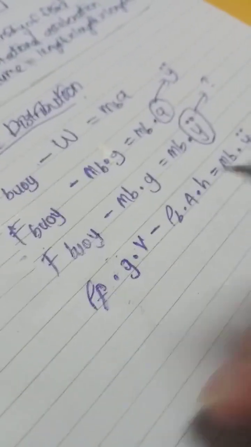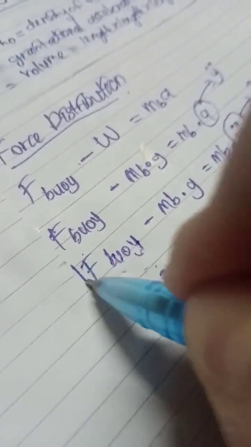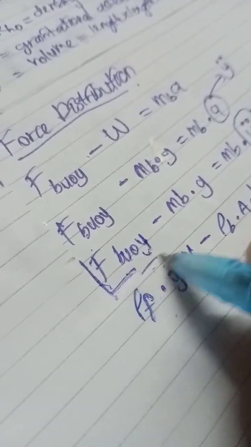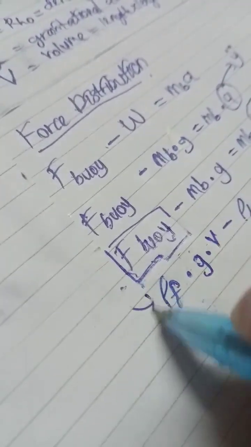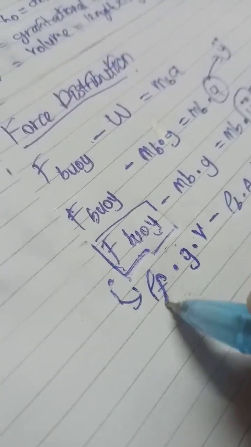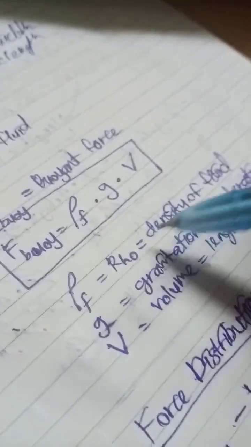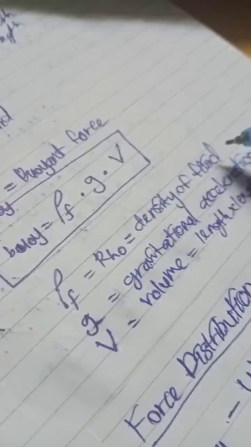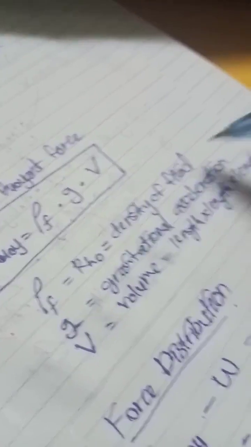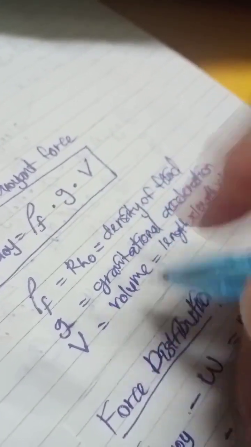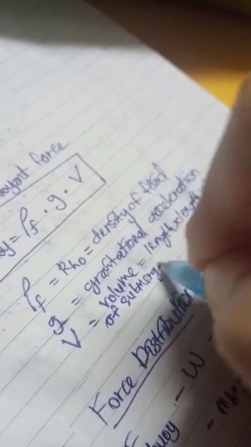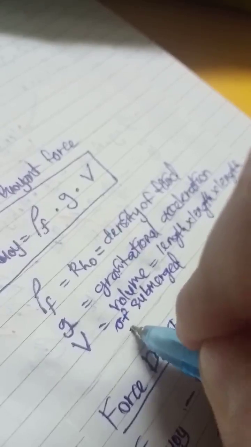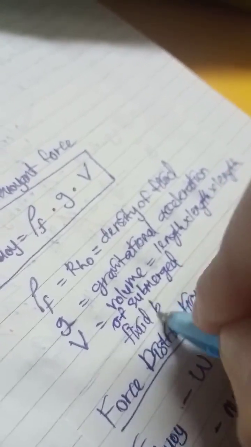Now here, as you can see, we have the F buoyant. I would like to make a correction here. I say that F buoyant is equal to rho_F times g times V. We know that rho_F is the density of the fluid, g is the gravitational acceleration, and V is the volume of fluid submerged by the block.